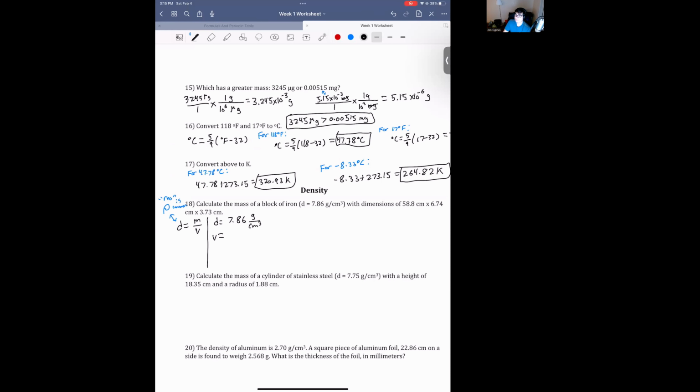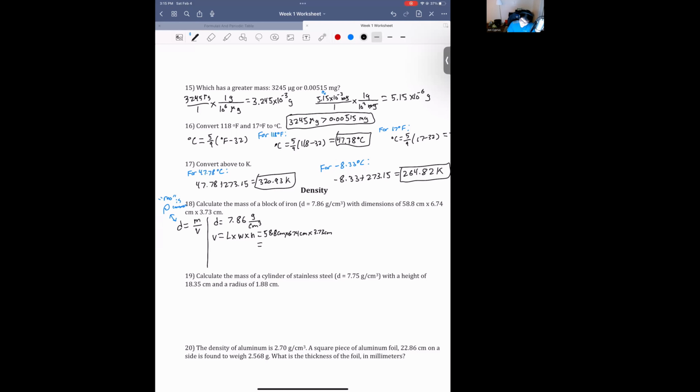Your volume is length times width times height for a block, right? For a cube or a rectangular prism. So length times width times height, right? This is going to be 58.8 centimeters times 6.74 centimeters times 3.73 centimeters.